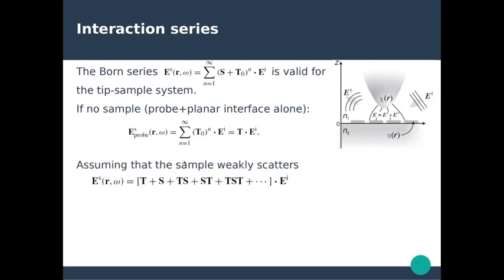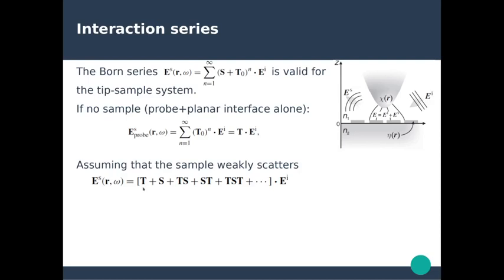So if you assume that the scattering from the sample is fairly weak as compared to the tip, which is generally the case, you're looking at very small objects, you can actually expand this Born series into this smaller expression. And this is actually very important because this gives you the physics about the system.